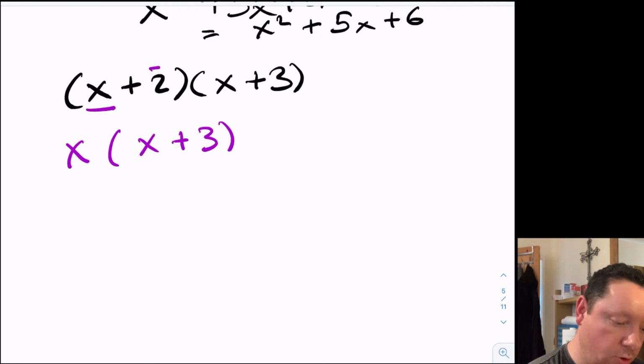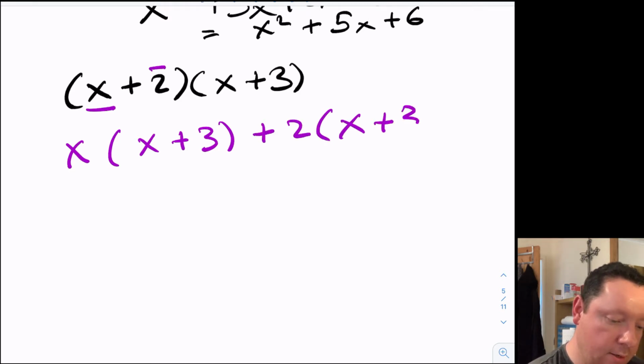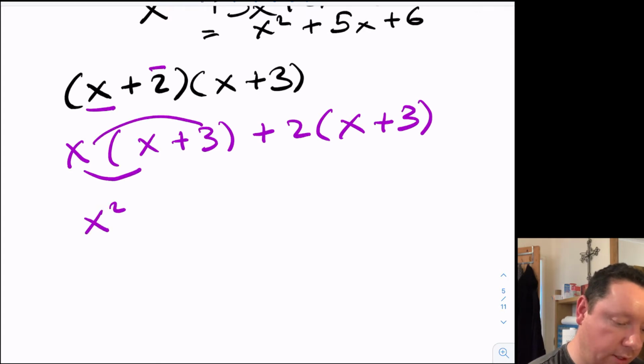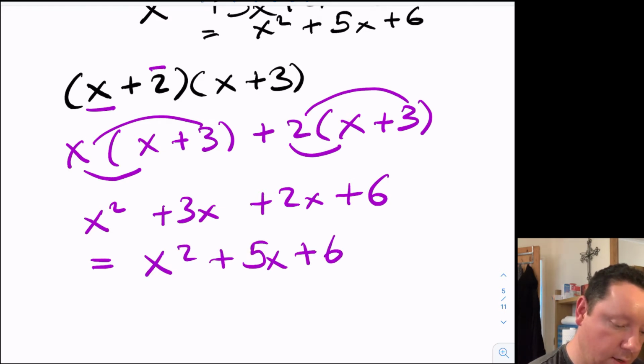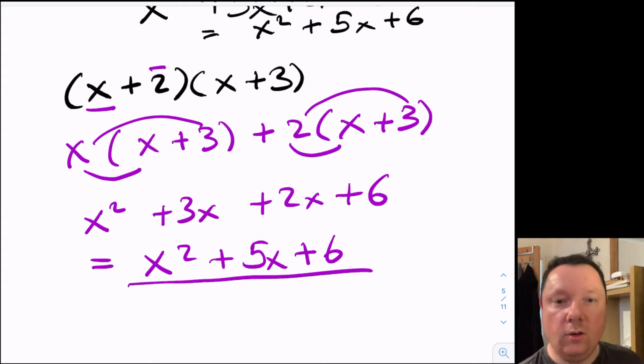And then I need to do 2 times x plus 3. Expanding both the brackets, I get x squared plus 3x plus 2x plus 6. So in total I've got x squared plus 5x plus 6. Same answer no matter what way I do it.